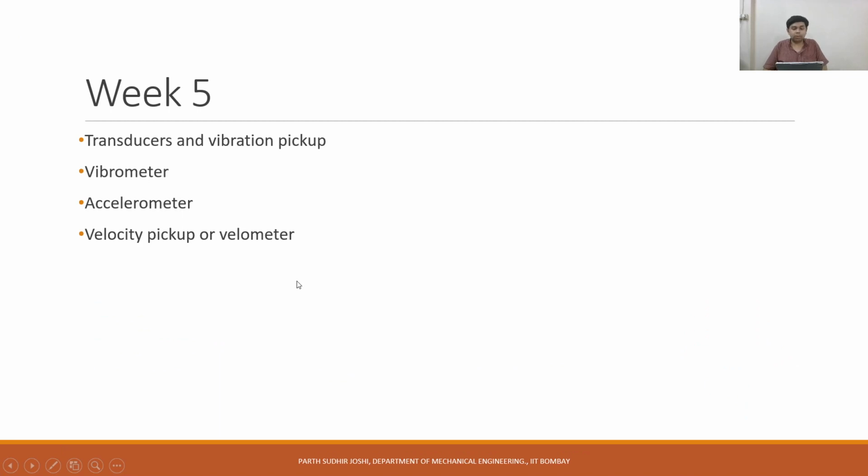The topics covered for this week are transducers and vibration pickups. Transducers are devices which convert mechanical forces or pressure into equivalent electrical signals.